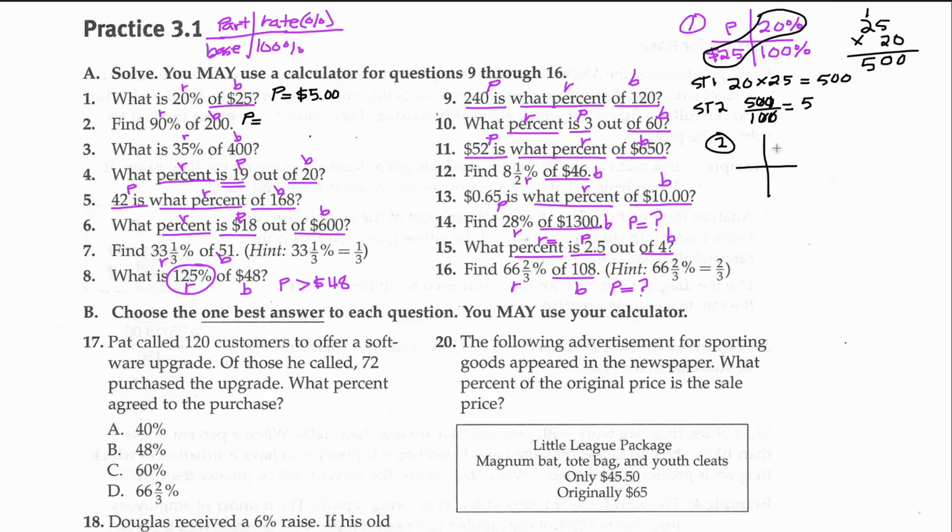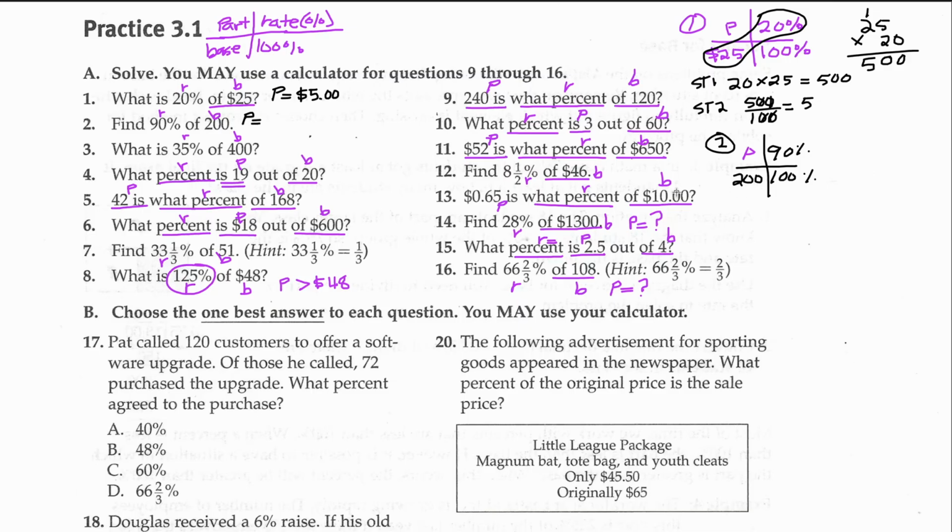So 90% goes on the top right, and 200 goes bottom left, and the 100%, which is the fixed number, stays on the bottom right, and the P is what we don't know. So we are going to put a color P right here.